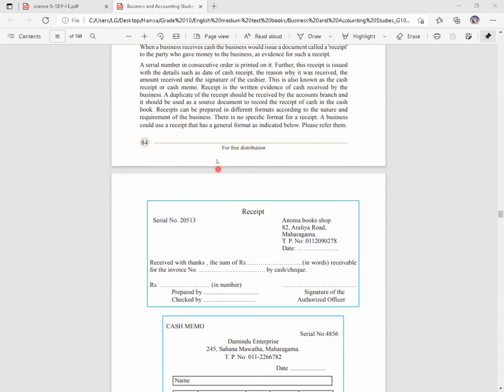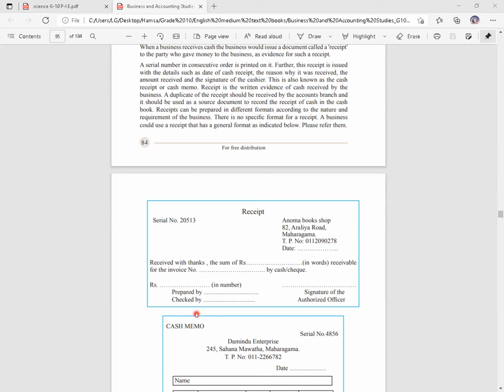And the amount received and the signature of the cashier. Whether the amount is received by cash or check, you have to write the amount in numbers and in words. So those things should be here in numbers and here in words.